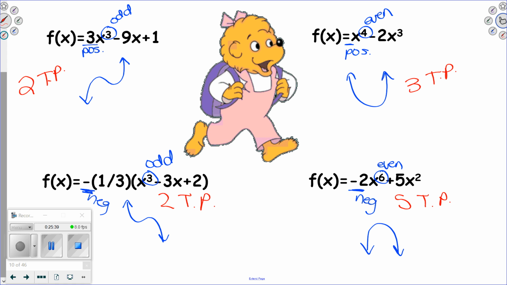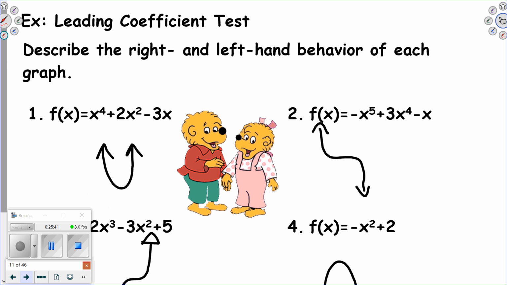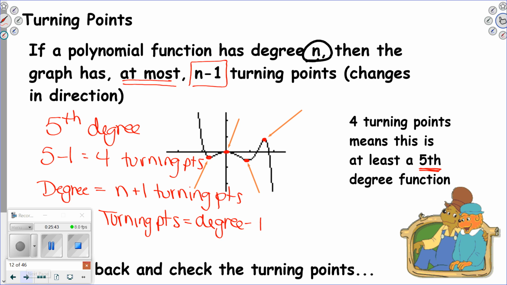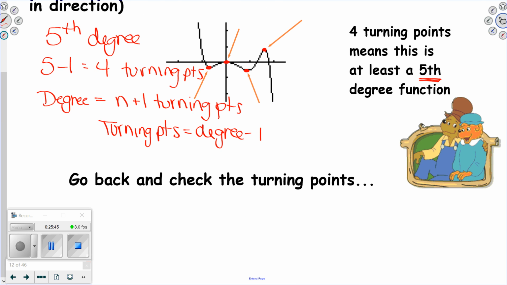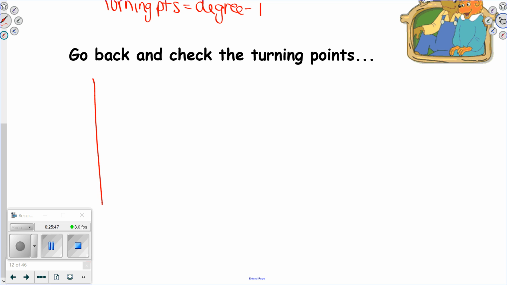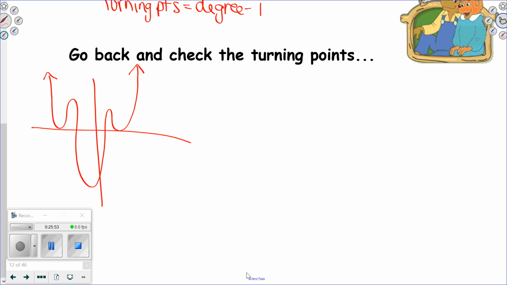All right, so that being said, let me flip it the other direction on you. If I have a graph that looks like this, how many turning points? It has 1, 2, 3, 4, 5 turning points.